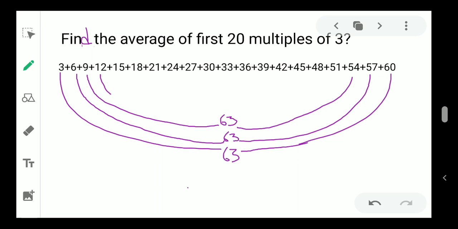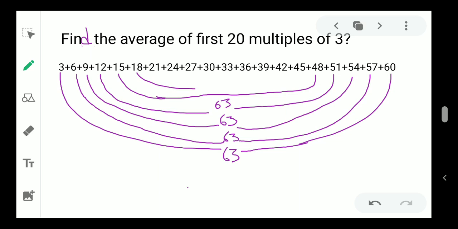In a similar way, you add this 12 and this 51, that will also be 63. So how many 63s will be there? This 15 and 48, this 18 and 45, 21 and 42, and lastly this. Let me count: 1, 2, 3, 4, 5, 6, 7, 8, 9 and 10.